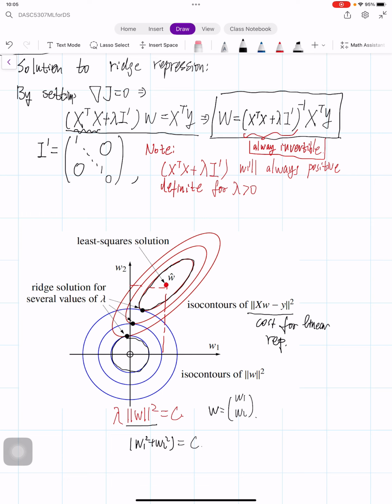So they are circles, and the solution occurs when you have the original linear regression solution, but now with restrictions. Your solution should lie on these blue circles. Originally this is the solution, but after you add the regularization, depending on how large a lambda you give, it restricts your solutions to live on these blue circles.